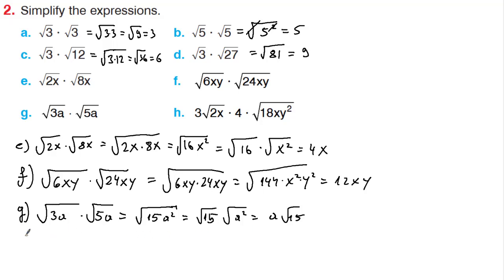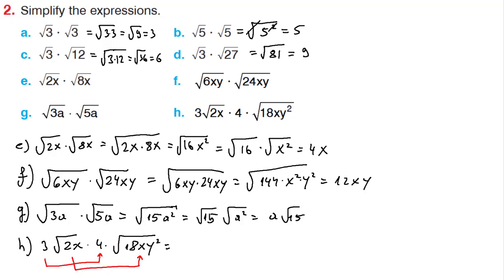All right. Under H, we have 3 root of 2x times 4 times root of 18xy squared. I think we can just multiply 3 and 4, and multiply 2x times 18xy squared.